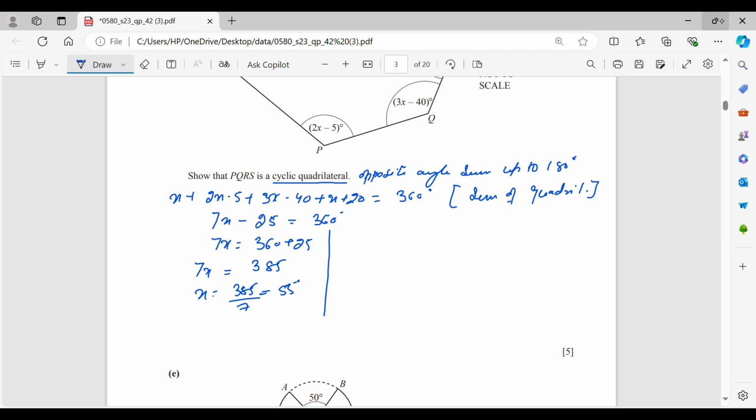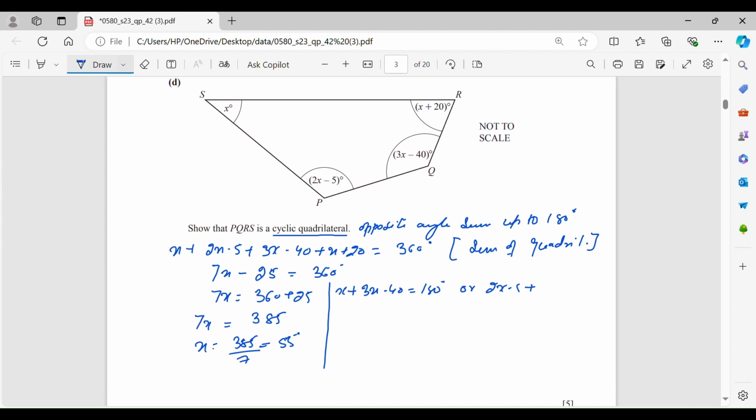First is x plus 3x minus 40. This should be equal to 180 degree. So this is 4x minus 40, equal to 180 degree.